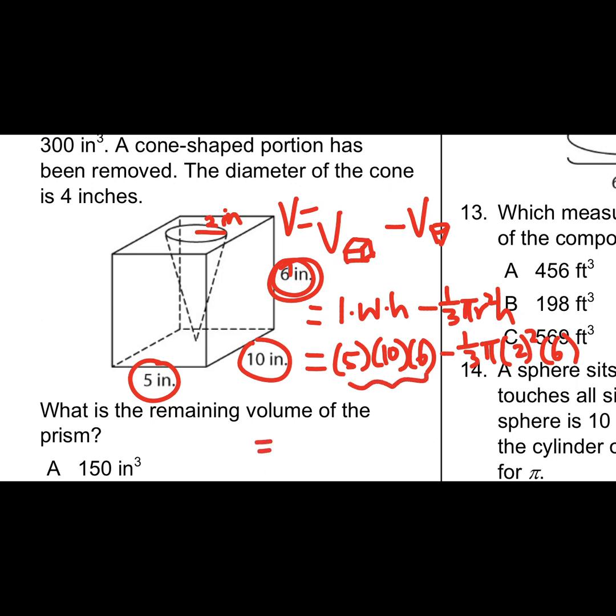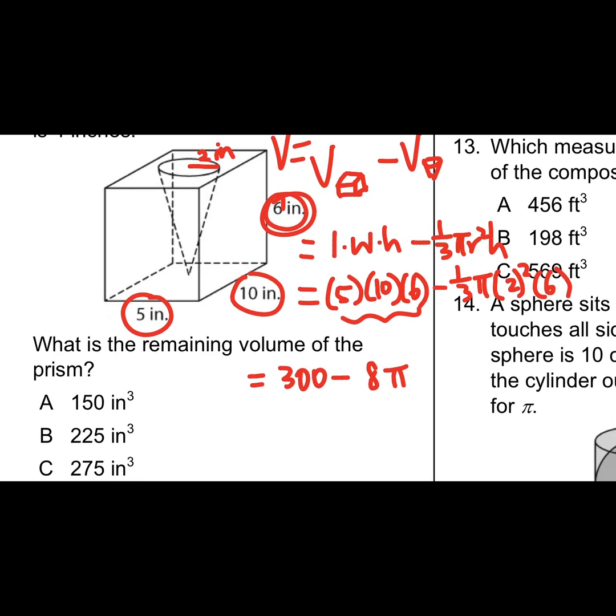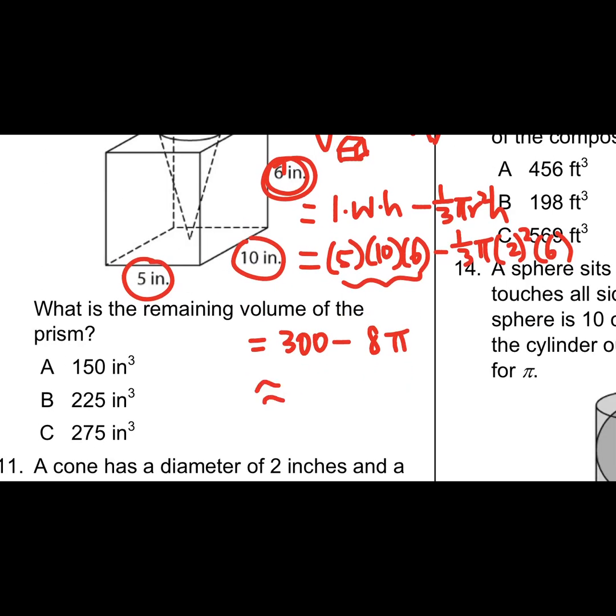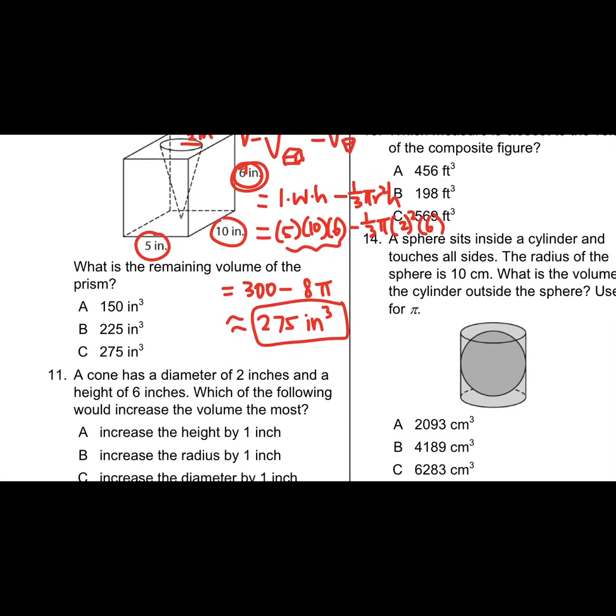This first part is going to give us 300, minus 4 times 6 is 24, divided by 3, that's going to give us 8 pi. Or we can approximate that and do the subtraction. You should get 275 cubic inches is the answer, and that would be answer choice C.